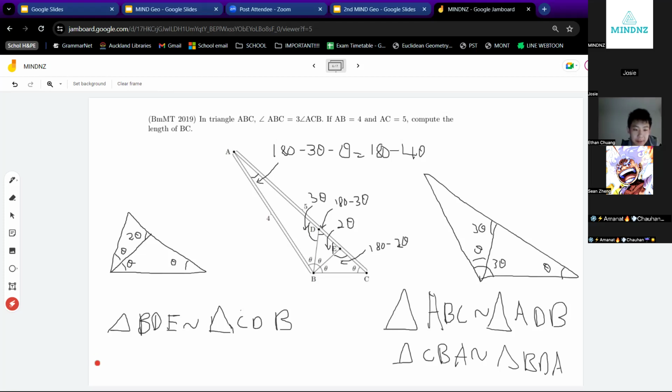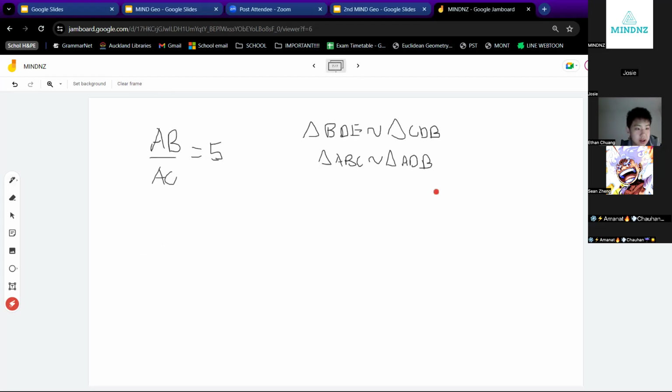Does anyone have any ratios? I'll quickly look at this ratio first. I guess we can focus on this triangle. So we know AB over AD equals AC over AB equals BC over BD, right?